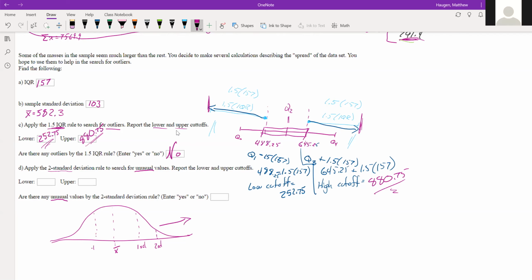And the IQR of 157 is the X. Is the what, Alan? The mean. The mean is that 582 that we found. Where did we find that? You guys found it on the calculator or on the computer.